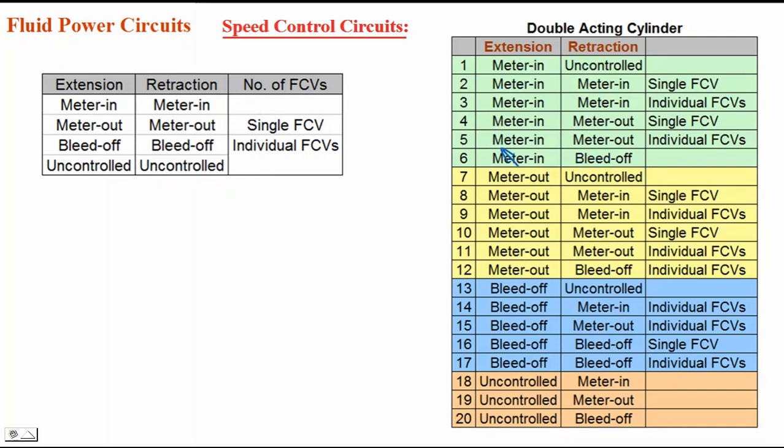In these 20 different circuits, there are 10 meter in circuits, 10 meter out circuits, and 8 bleed off circuits. Counting 1, 2, 3, 4, 5, 6, 7, 8, 9, 10: 10 meter in circuits are possible.